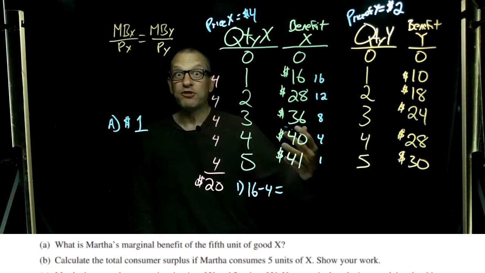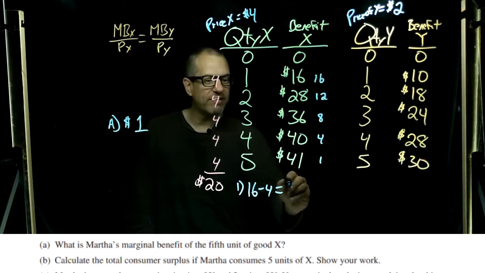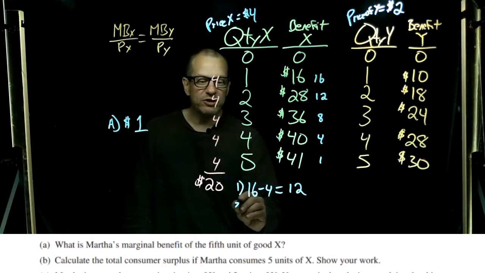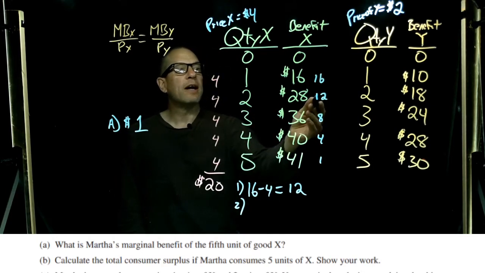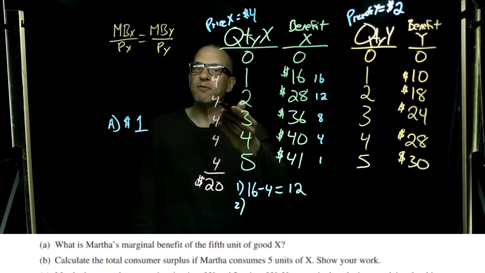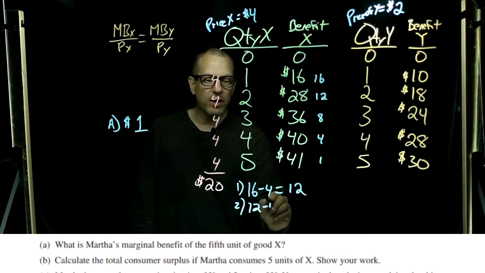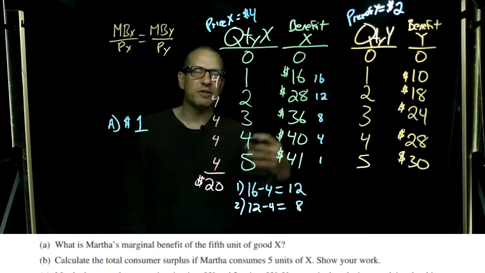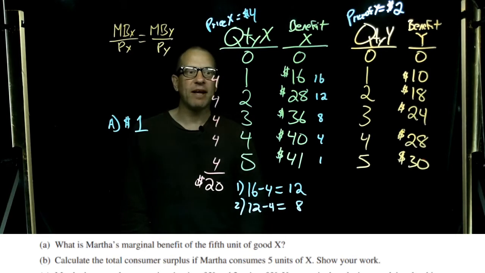She'd have a surplus or a happiness value of $12 after that first one. After she consumed the second one, she received an additional $12 worth of benefit, but she spent $4 on it. So that would be 12 minus 4. She ended up getting $8 of consumer surplus, an additional amount of happiness out of that one.